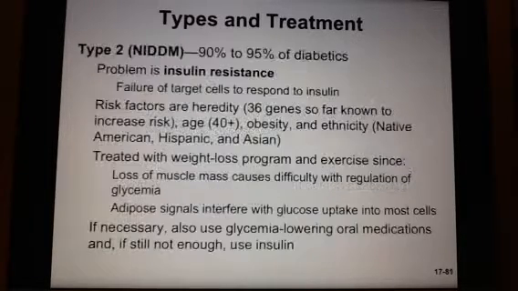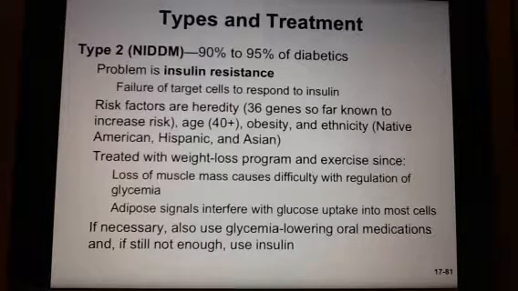But more commonly, 90 to 95% of people that are diabetics have type 2, and this comes on later. Some risk factors are older age, obesity, and some ethnicities, and the problem here is insulin resistance. So the target cells are not responding to the insulin, even though there is insulin there.